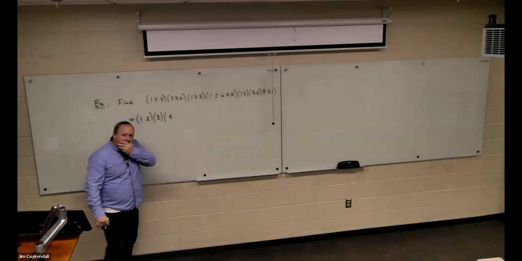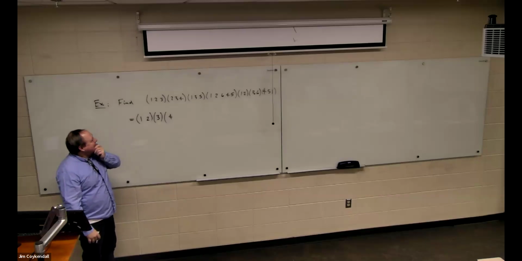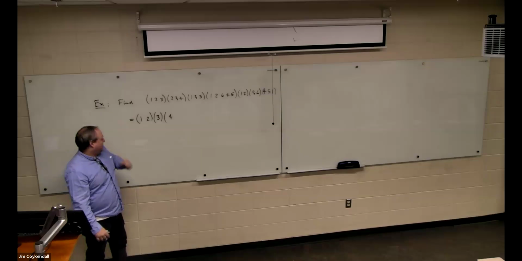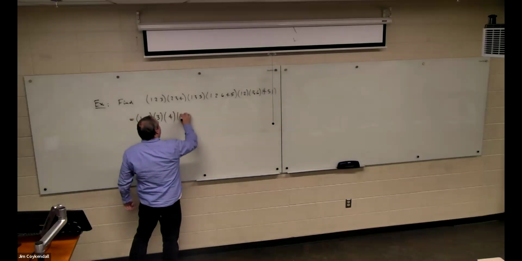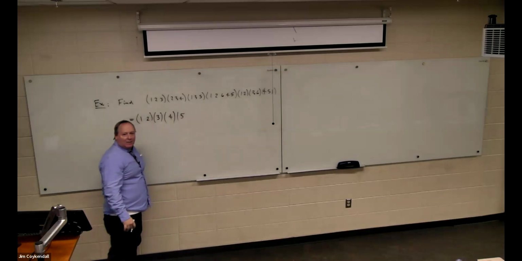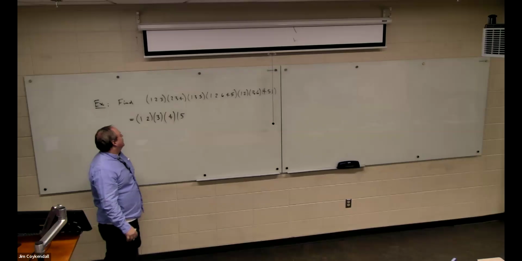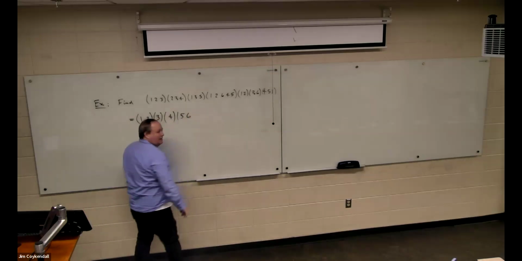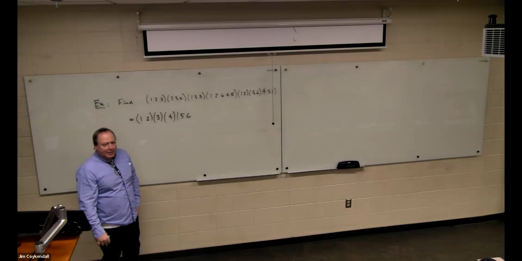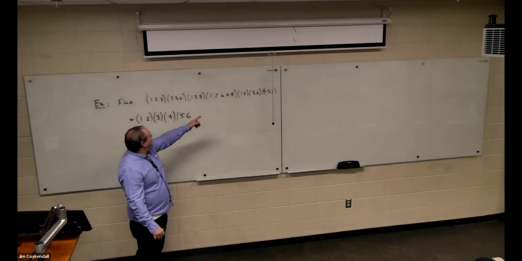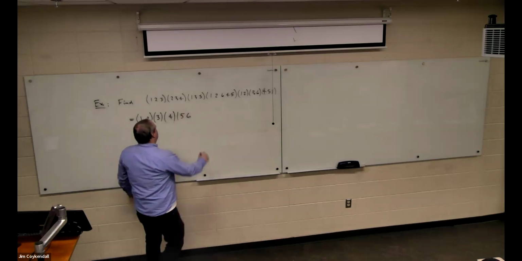How about 4? 4 goes to 4 as well. How about 5? 6. Well, I'm not a number, so 6 better go to 5, but I'll check that. 6 goes to 3, to 5.